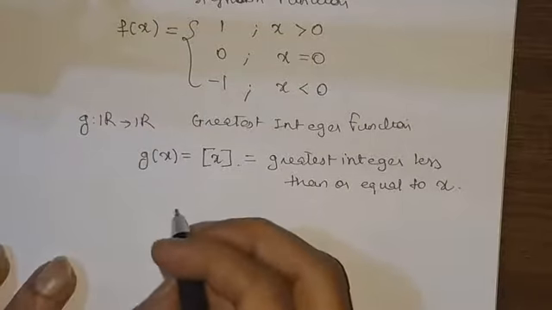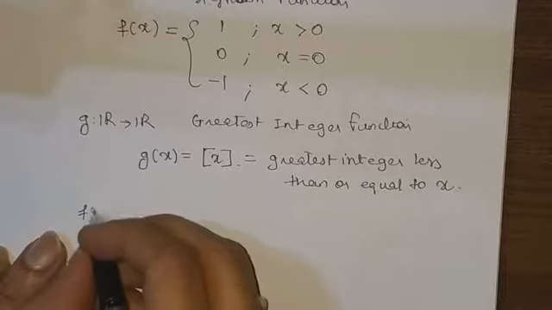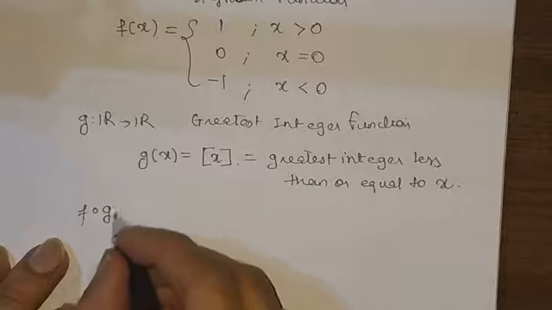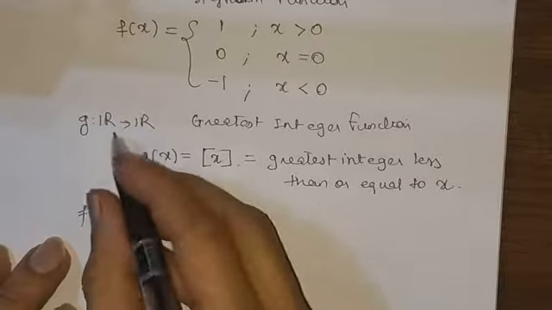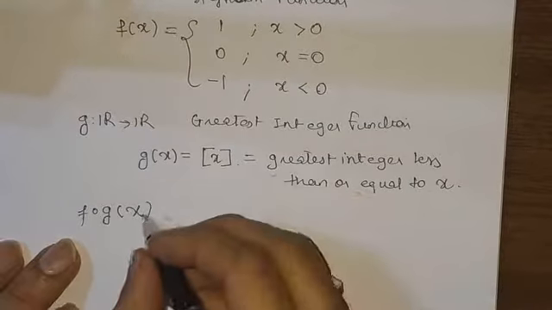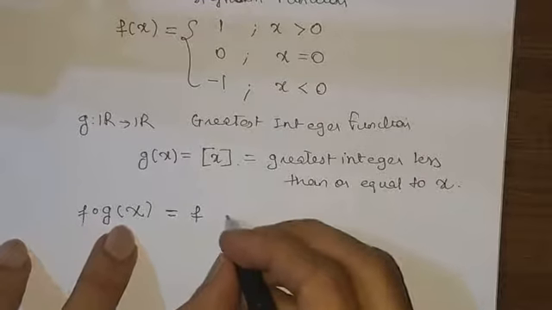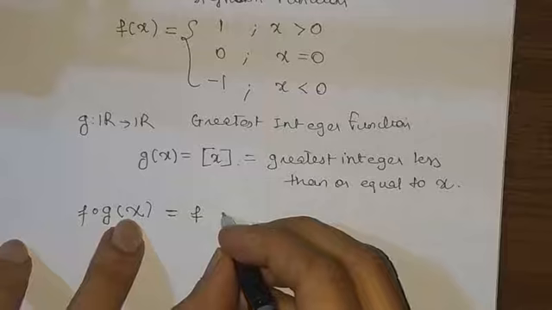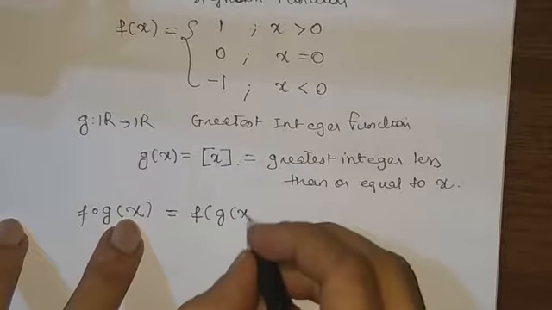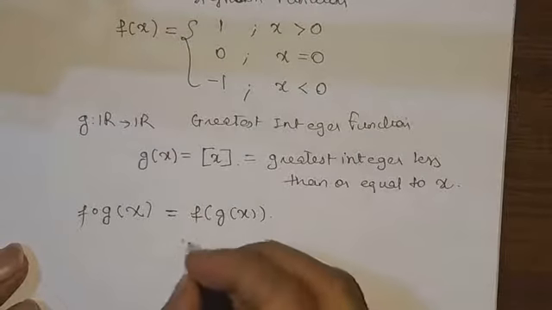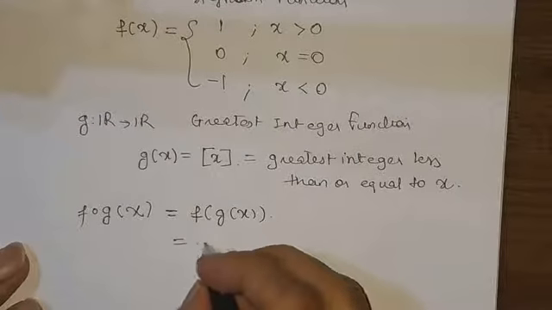Okay, so for f composite g, you will take one element x in the domain of g. So f composite g of x will be f of g of x, by the definition of composition of functions.